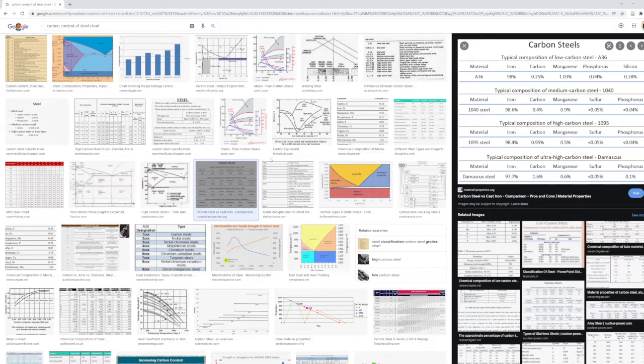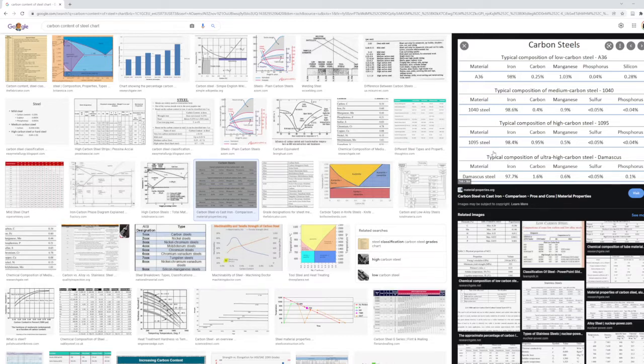So these are just three examples: A36 steel, 1040 steel, 1095 steel. Notice they just have various different amounts of iron, carbon, and other elements in there. And so these have different properties.